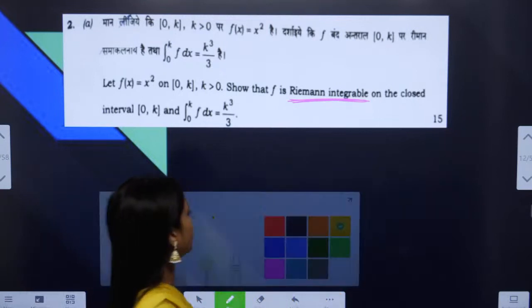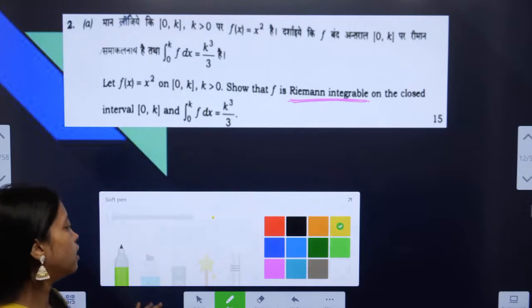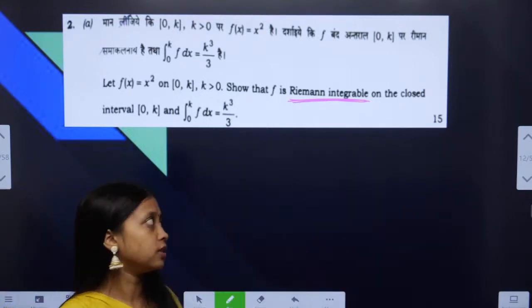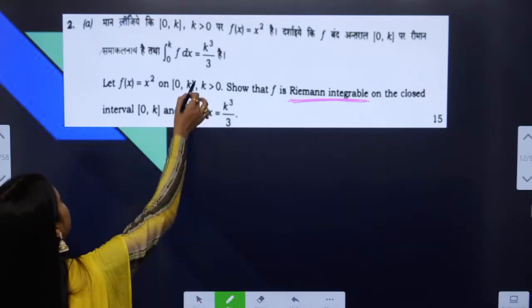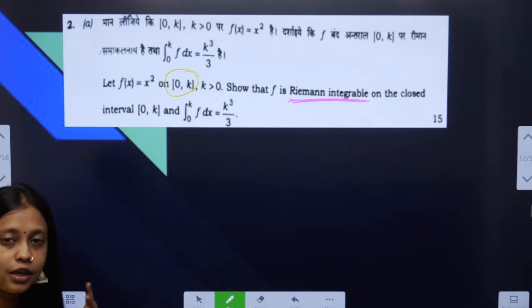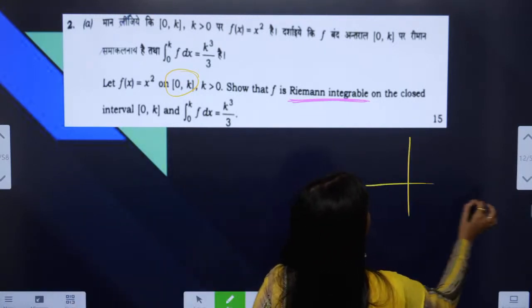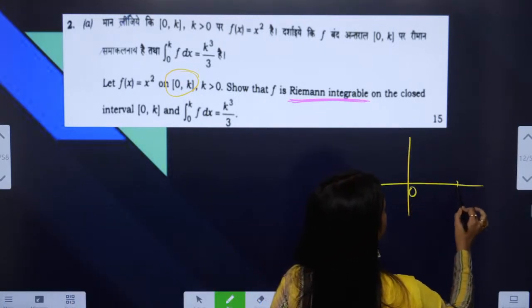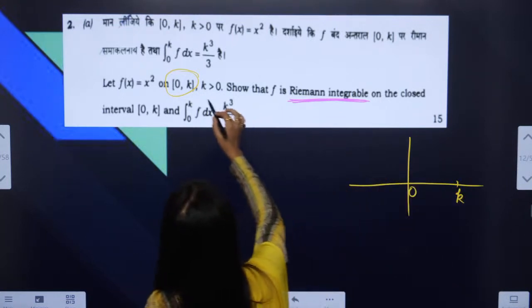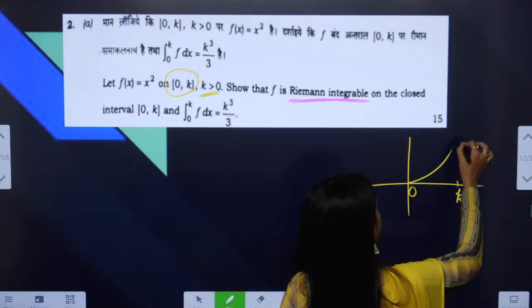You know the nature of x square is decreasing in the negative x axis, increasing in the positive x axis. Over here also we have an edge, why? Because they are not including both the negative and the positive section of the x-axis, they are only taking from 0 to k. K is strictly greater than 0. So, the section is like that, right?